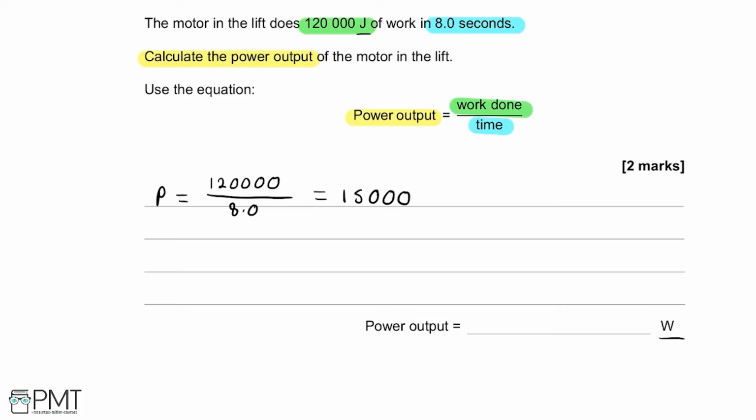The units in the question are watts, which is great because that's the units that we want. And so we'll just write 15,000 into the answer box. We don't need to worry about changing the units or anything because we haven't got kilojoules or millijoules or milliseconds. We've just got joules and seconds, so we can just go straight to watts.